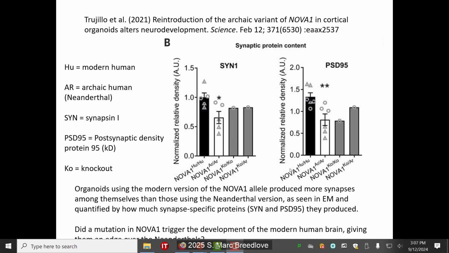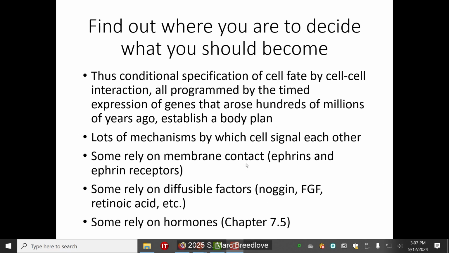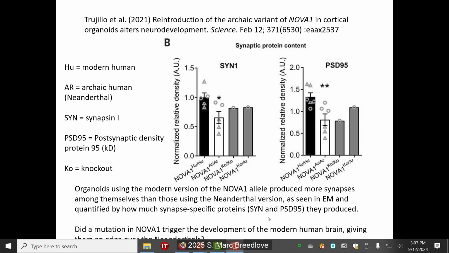They proposed then that what's going on is this change in NOVA1 meant that we didn't make bigger brains, but maybe we made more synapses between the brain cells we've got, and maybe that made all the difference, which is why we're here and they're not.